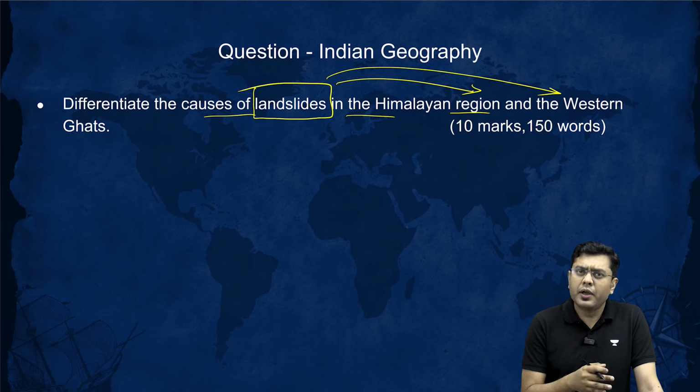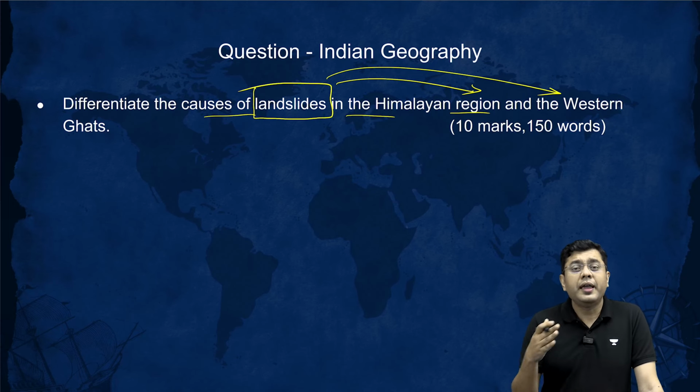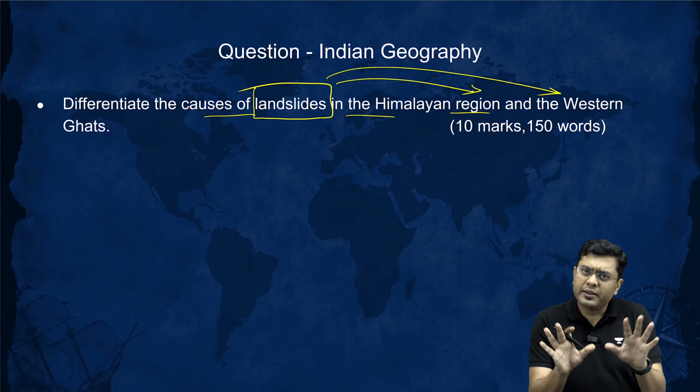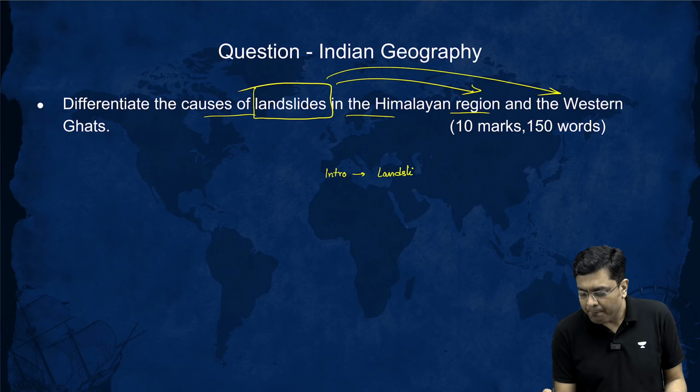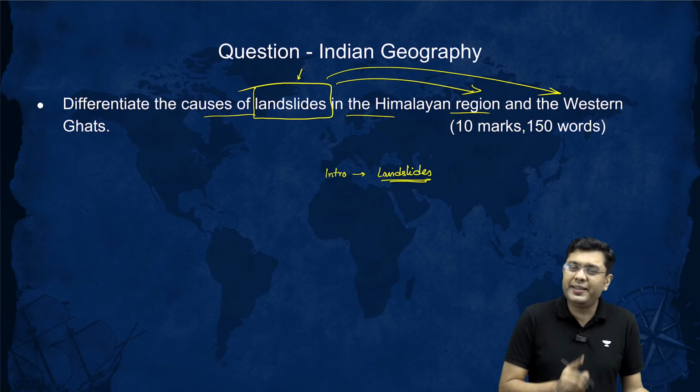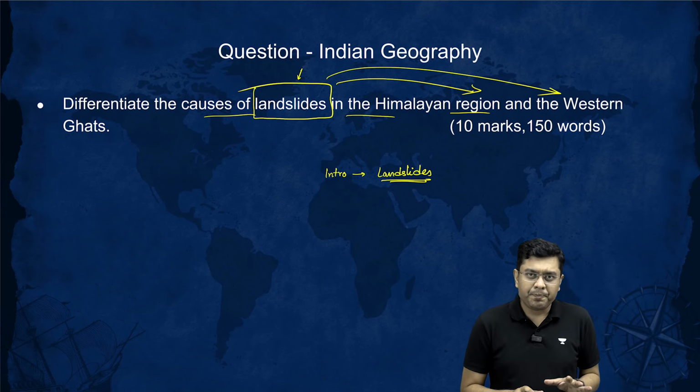This occurs especially during the rainy season in the mountainous areas, influencing the lives and properties of many. That will be your brief introduction about landslides in general, because landslides is the common theme linking both of them.